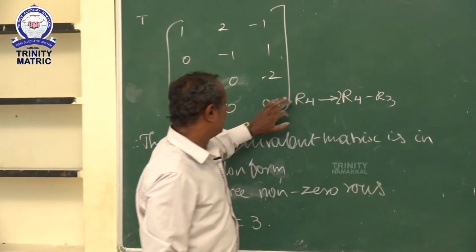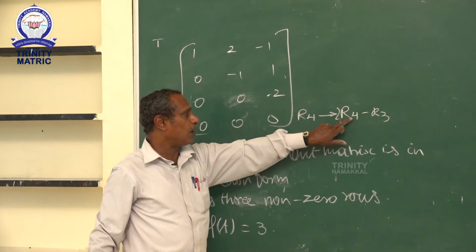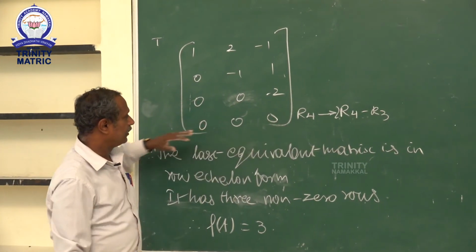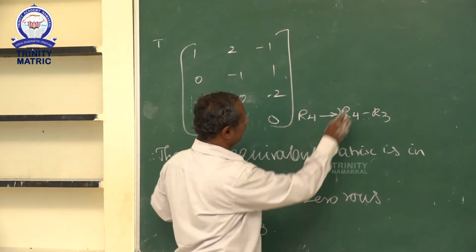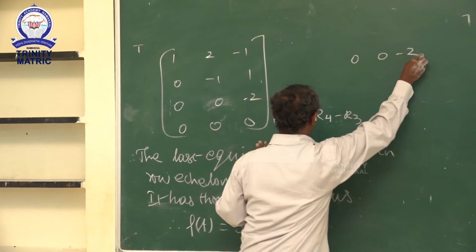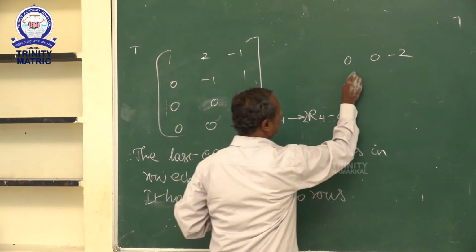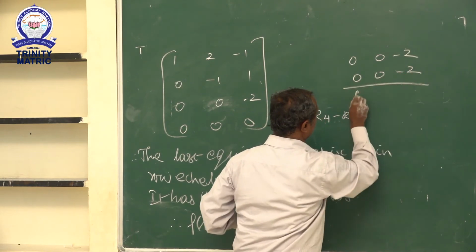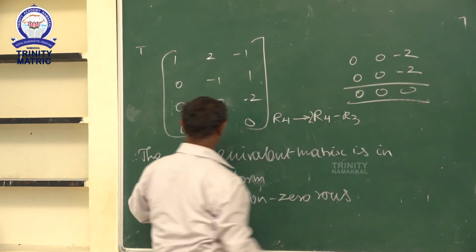That is why I am doing R4 gives 2 R4 minus R3. Then 2 R4 is 0 0 minus 2, already R3 is 0 0 minus 2. Then we get 0 0 0.